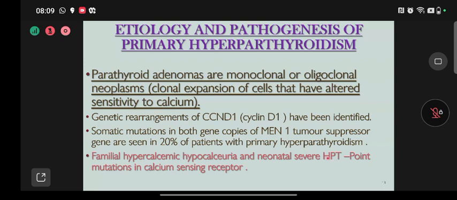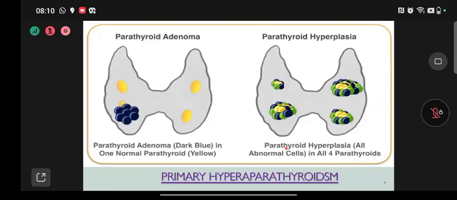And these point mutations are seen in the CASR gene, the calcium sensing receptor gene. Then this is a parathyroid adenoma in which there is a clonal expansion in only one of the parathyroid glands, and this is a hyperplasia of all of the parathyroid glands.